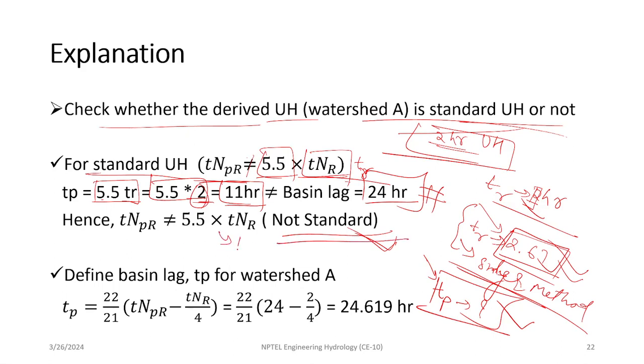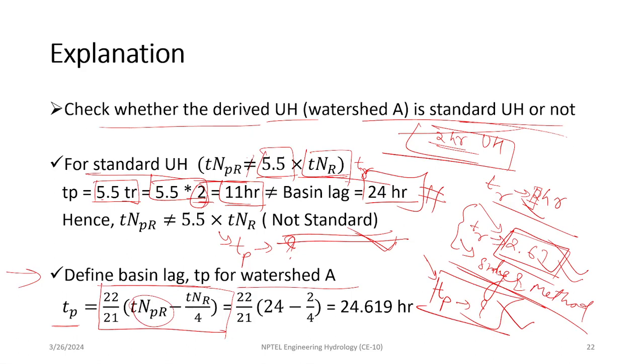So that means we need to recompute this TP value. So how we can compute this TP value? Basin lag we have to compute for watershed A. So TP will be computed based on this empirical relation, 22 upon 21. T of NPR, we already got the T of NPR value, right? T of NPR will be how much?